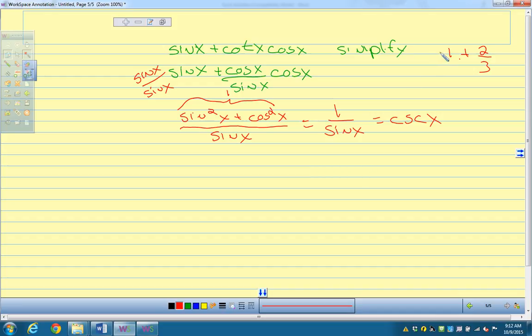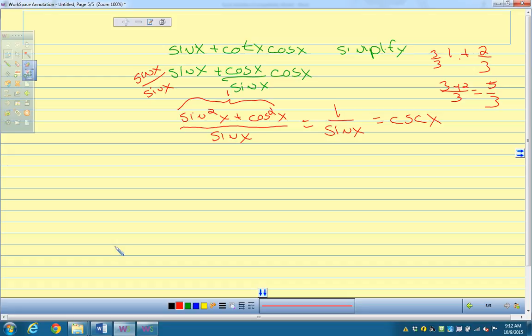So I multiply this by 3 over 3 so I can find a common denominator, right? That's all I'm doing. So I get 3 plus 2, the whole thing over 3, which is 5 over 3. That's all I'm doing here, writing the whole thing over a common denominator. Get it? Okay.